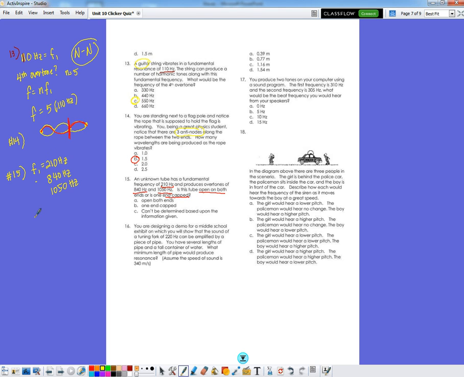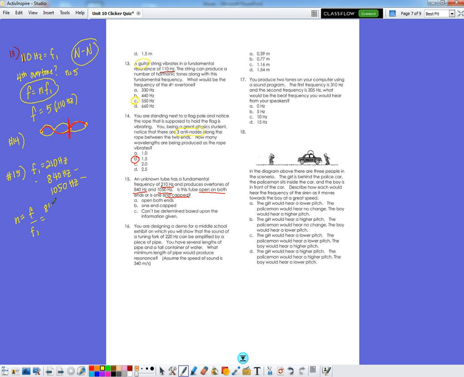Using this relationship of the frequency and the fundamental frequency, we can calculate the n that these 2 frequencies are giving. If we arrange this equation, n is equivalent to the frequency divided by the fundamental frequency.